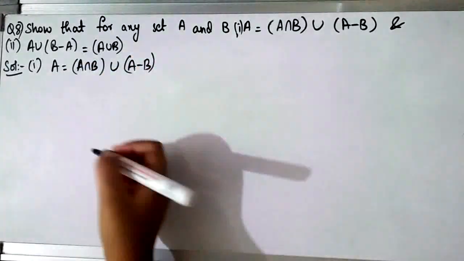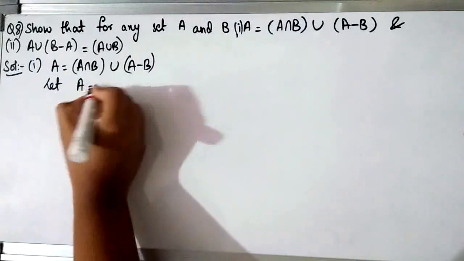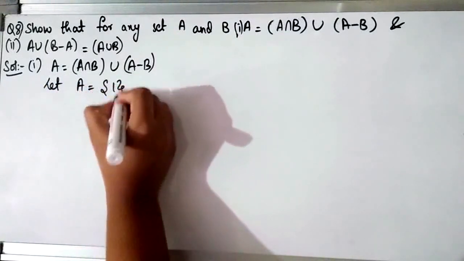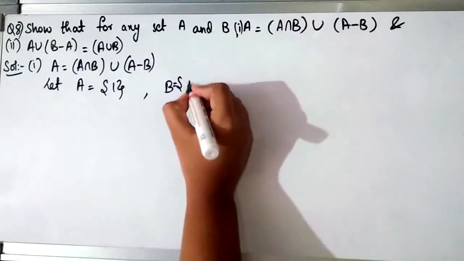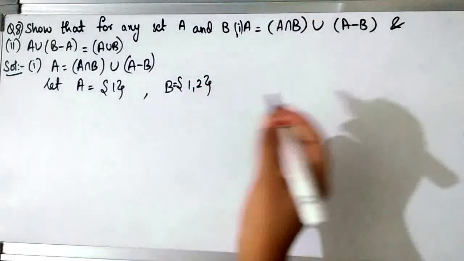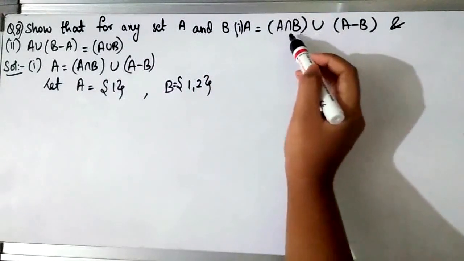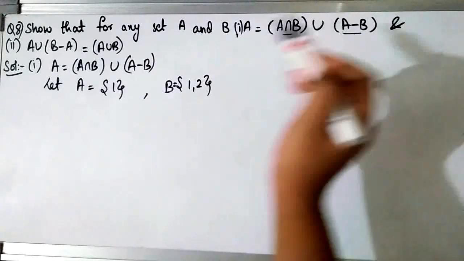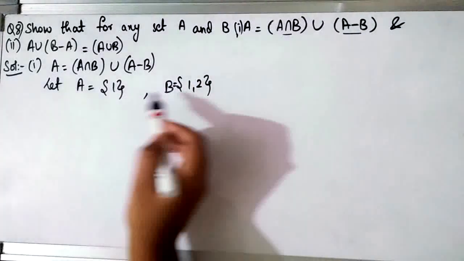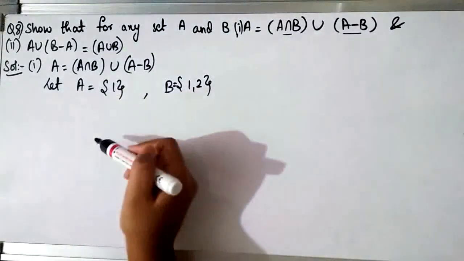Now let's prove this. For this let us take two sets A and B. In that let A be equal to {1} and let B be equal to {1, 2}. Whenever you get anything to prove, and in that if they have given you anything like intersection or difference of sets, then you take the two sets in such a way that you have at least one or two elements in common.